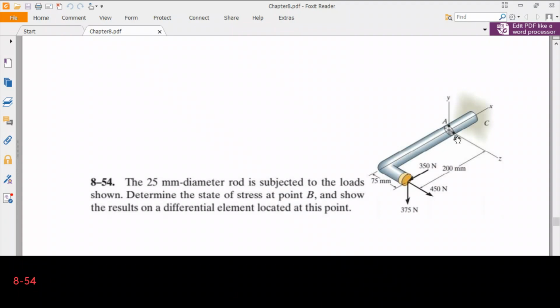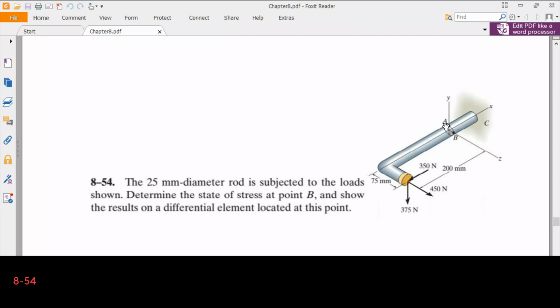Well, there is a coordinate system attached to the cross section, so it's already given a priori. The distance between the tip and the cross section is given in the x-axis and in the z-axis, so it is in the xz plane basically. Now what we need to do is, first, calculate the internal forces and moments acting on the cross section.